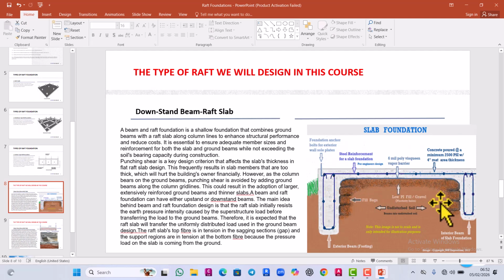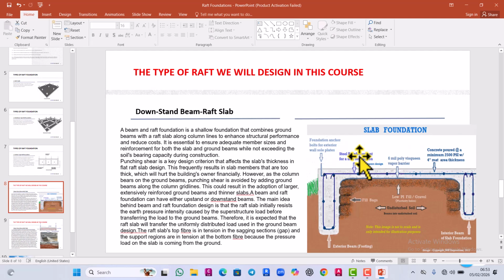Like I've explained, that is also what is written here. Maybe in your own time you can read this. So the principle is that because of the punching shear, like I've said before, the slab has to be thicker.